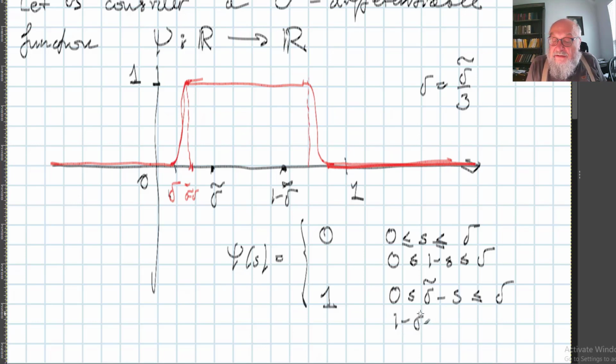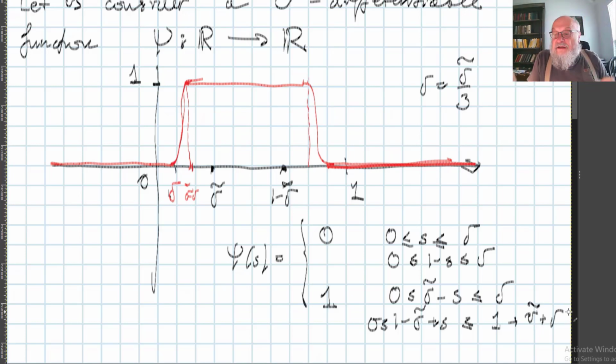So 1 minus delta tilde plus S is larger or equal than 0, smaller or equal than 1, delta tilde plus delta.